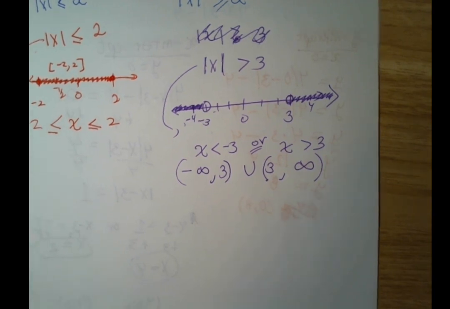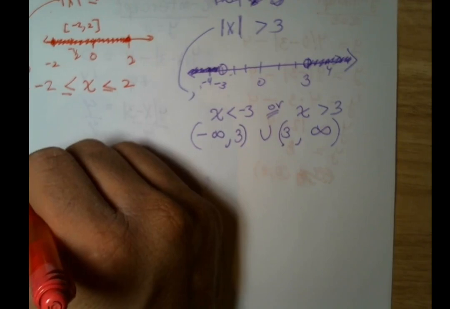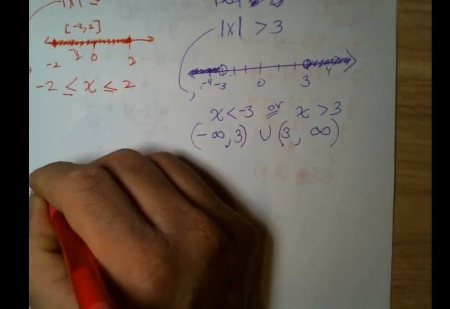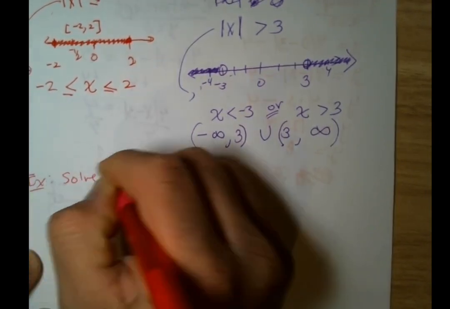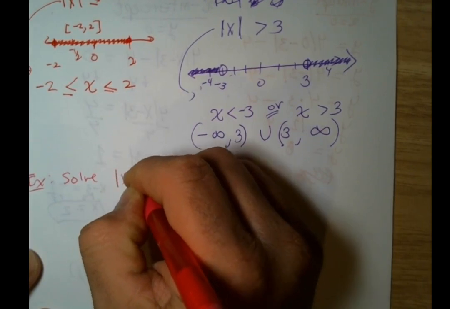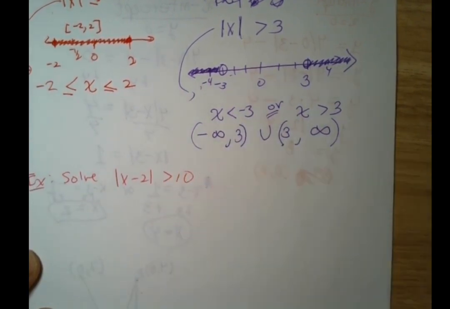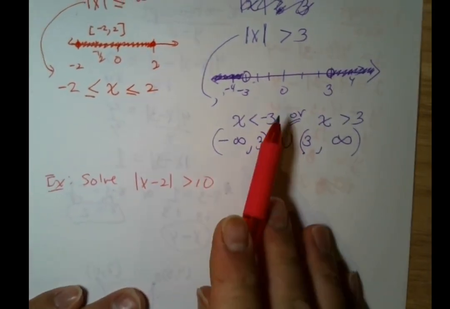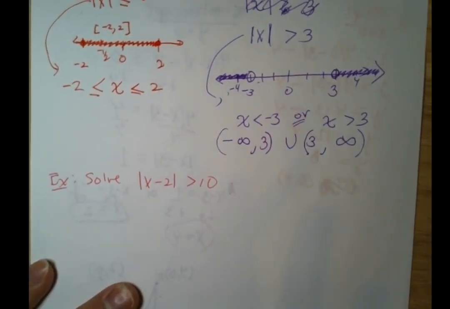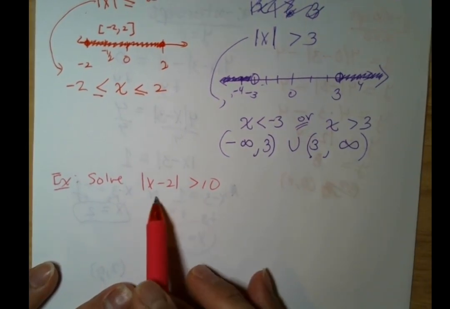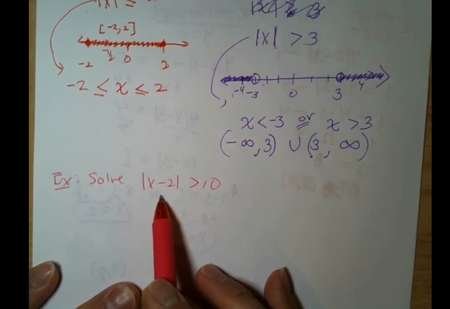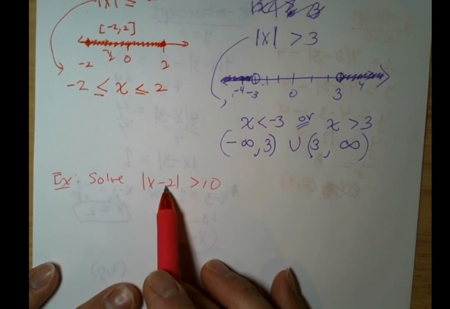So let's take a look at an example. Let's say I want to solve the absolute value of x minus 2 is greater than 10. Okay, so greater than, that's one that I just finished doing. So I'm going to drop the absolute value. I can't treat this as a linear inequality just yet because of the absolute value.